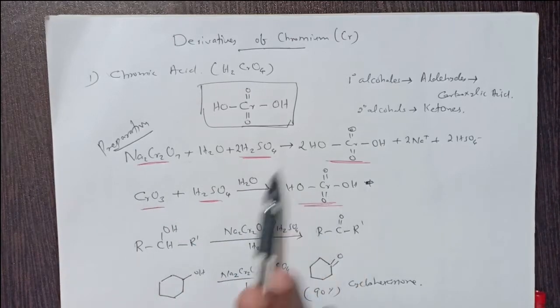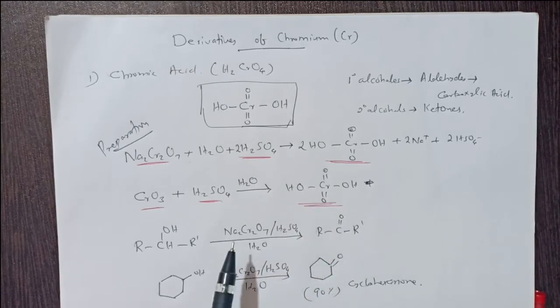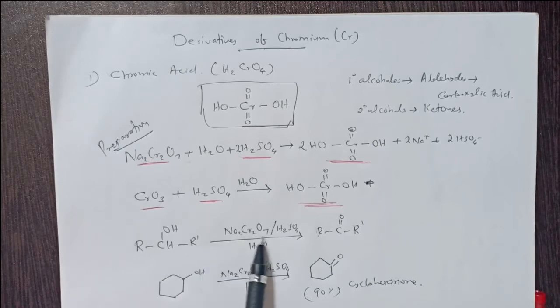One example is this alcohol treated with sodium dichromate, sulfuric acid and water; the product will be a ketone. Another example is like this one.